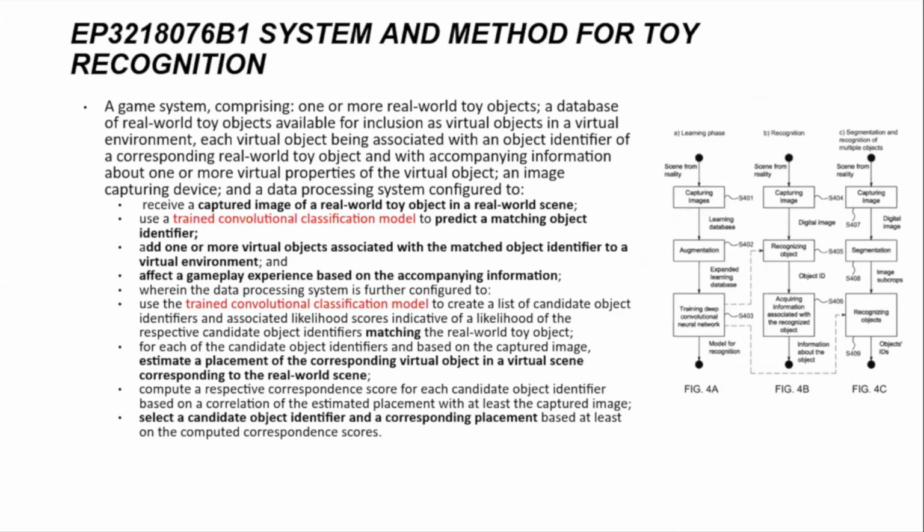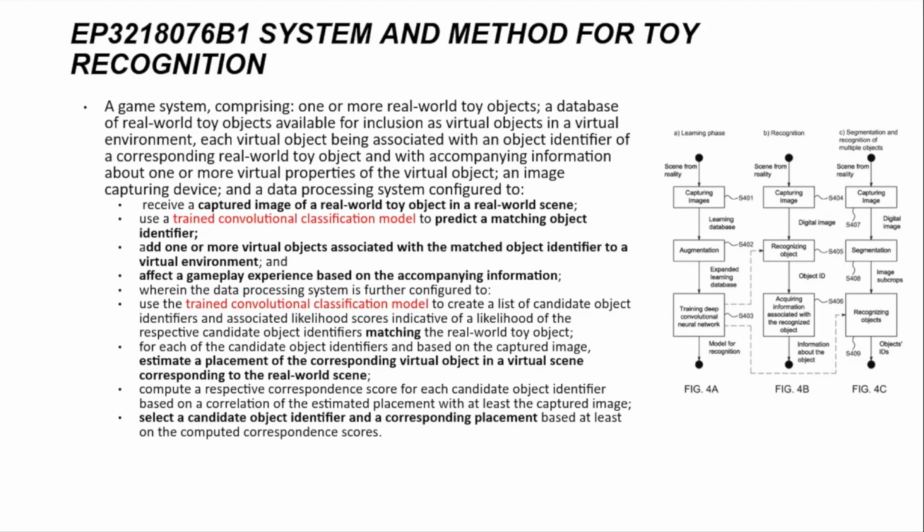Okay, so this one is rather advanced actually. This is an artificial intelligence patent. This is similar to the other one. They also use a camera to receive images, and they use, as you see in red here, a trained convolution classification model. So this is an AI system to predict.